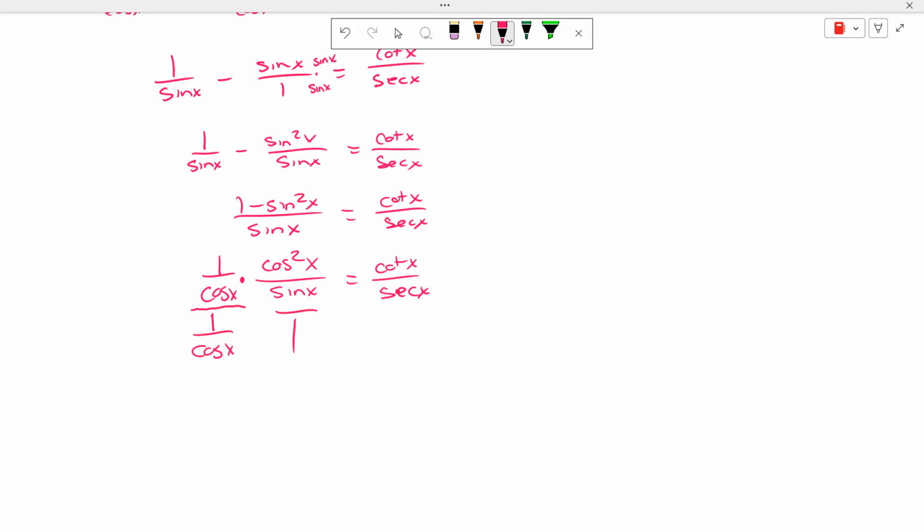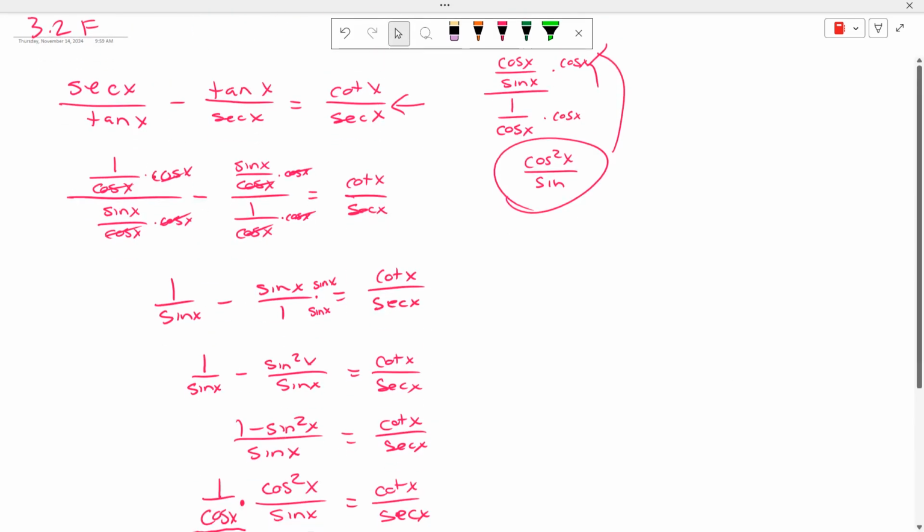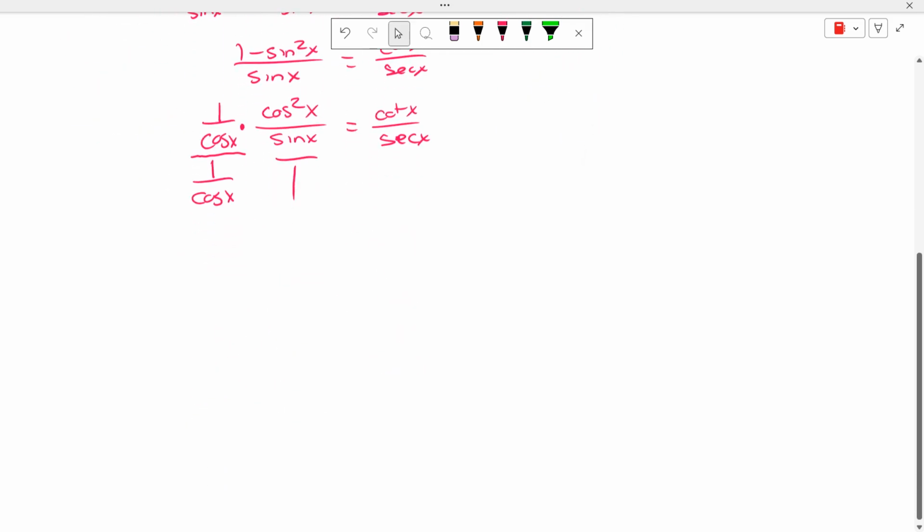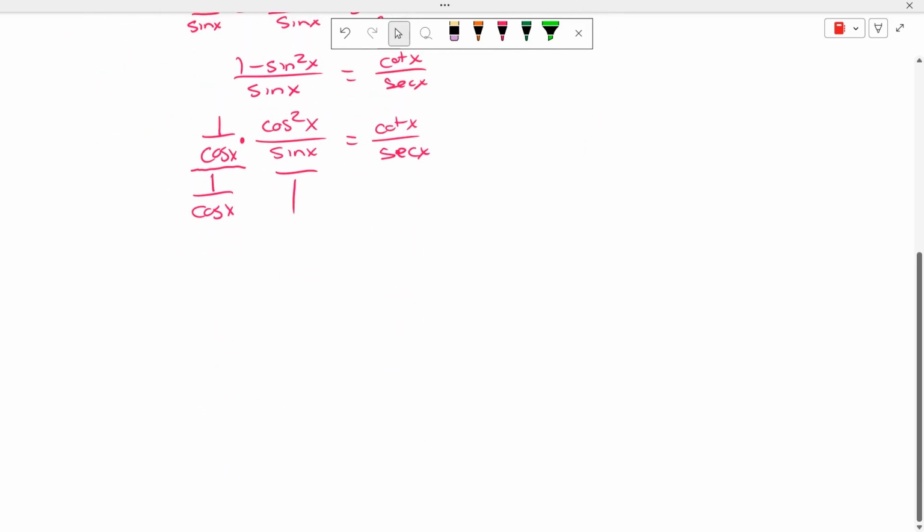And you go, Mr. Bierschbach, what did you just do? Well, this is a fraction. And up here, I had a complex fraction. So I'm basically going to create a complex fraction. I'm going to put this fraction over 1. And then I'm going to multiply the top by 1 over cosine and the bottom by 1 over cosine.